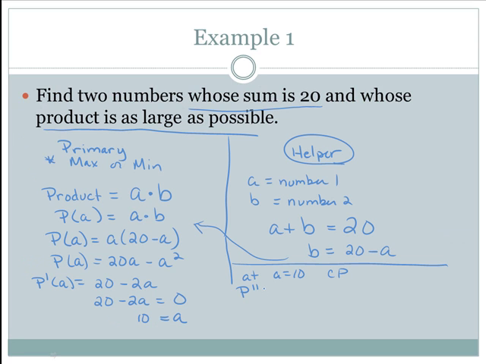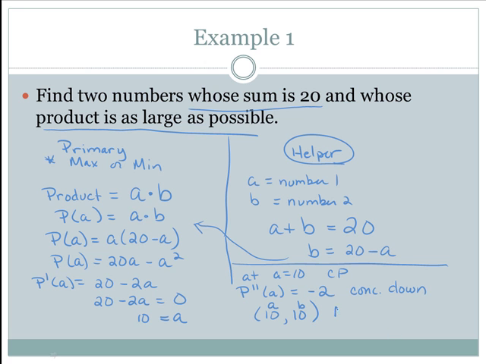So now we find our second derivative, which is just -2. It doesn't even matter where we're looking at on our function. The second derivative is always -2, which means that it is always concave down. So if a is 10 and they add up to 20, that actually means b is 10.